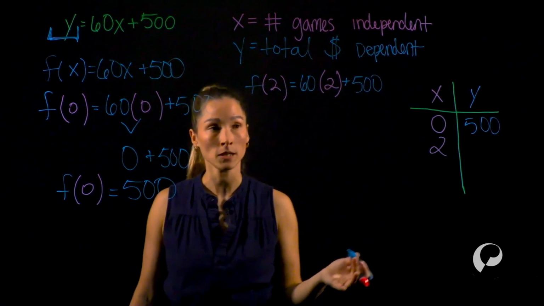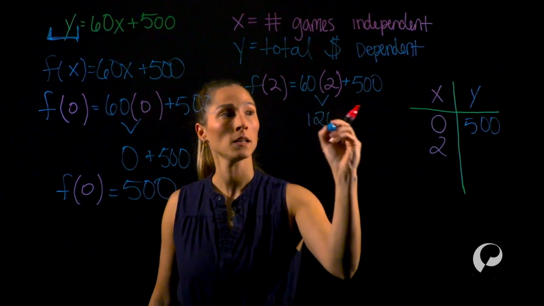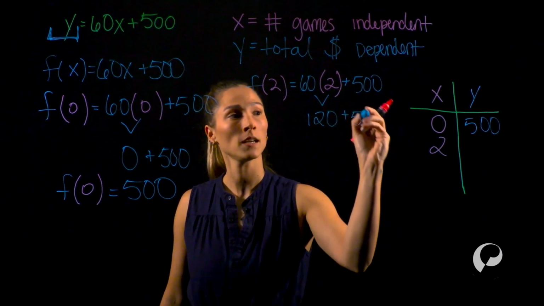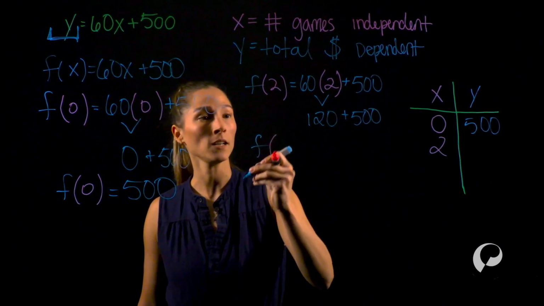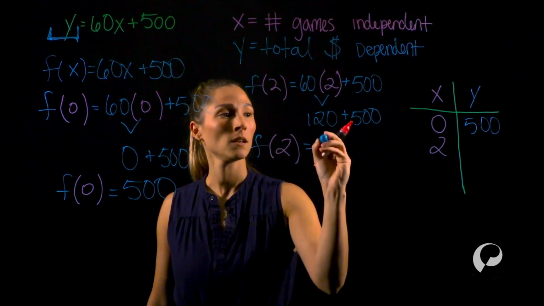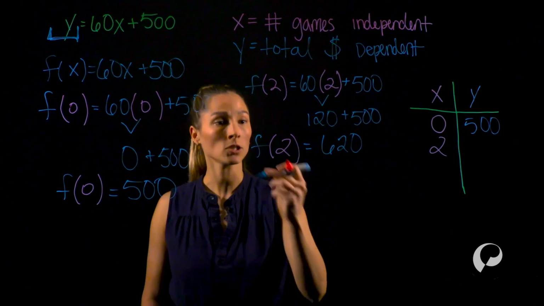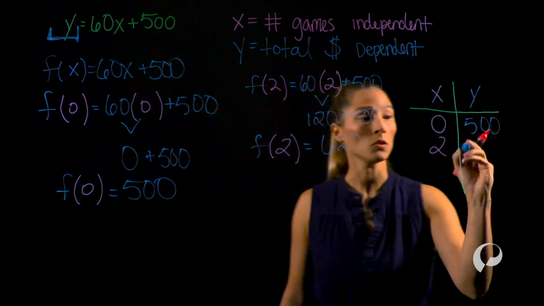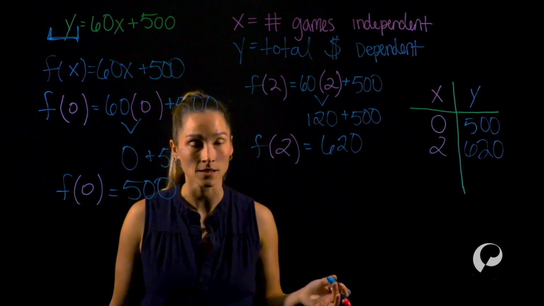Following order of operations, 60 times 2 is 120 plus 500 for your final output value of 620. If you want to purchase 2 games, you will be spending $620.